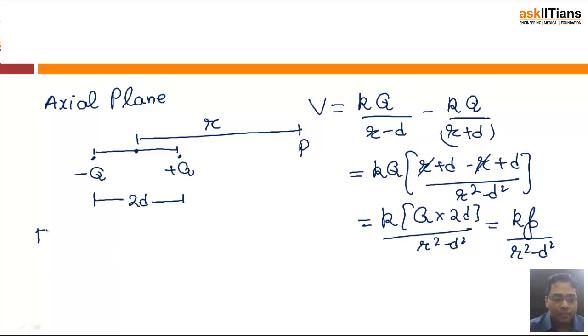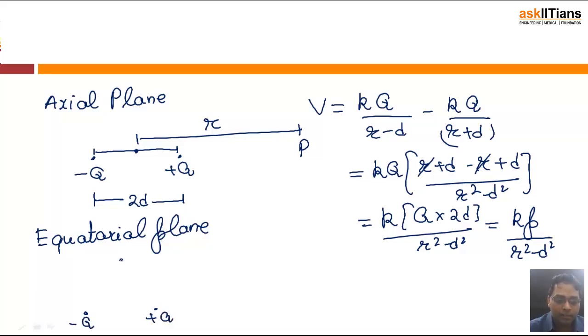In a similar way, we can talk about the equatorial plane. I'll just give you a hint. In the case of an equatorial plane, we take the two charges again, minus q and plus q, and a point P at distance r. Each distance from the center is d, so the distance from each charge to P is the square root of r square plus d square.